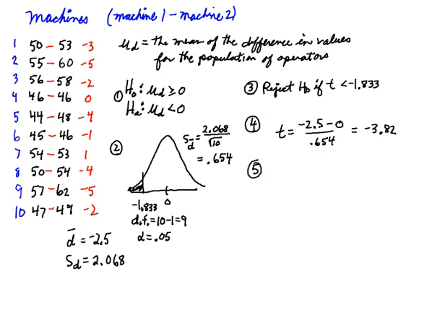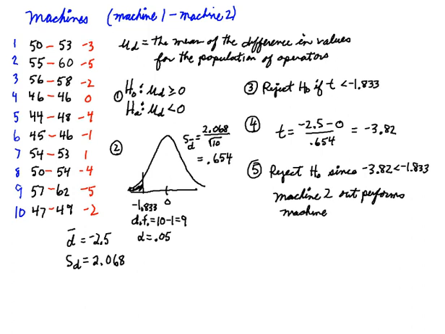So based on my critical value, I'm going to reject h sub 0, since negative 3.82 is less than negative 1.833, and conclude that machine 2 outperforms machine 1, based on the matching with the operators.